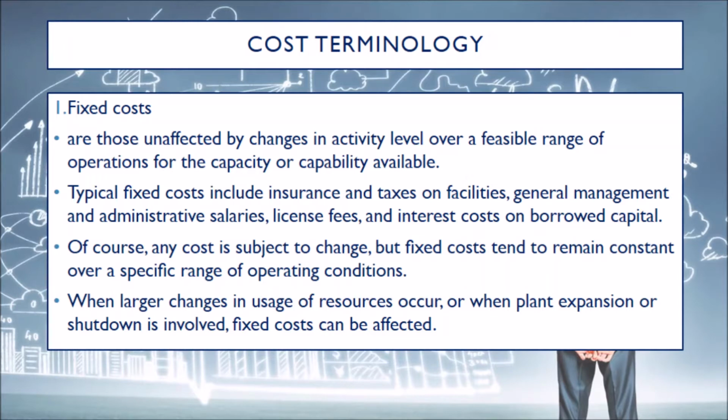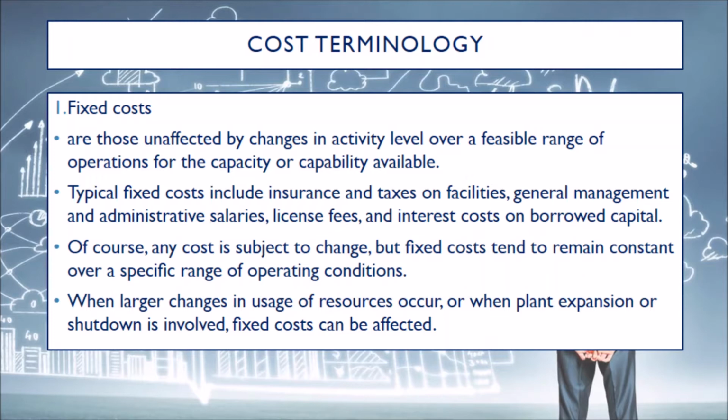Fixed costs are those unaffected by changes in activity level over a feasible range of operations for the capacity or capability available. Typical fixed costs include insurance and taxes on facilities, general management and administrative salaries, license fees, and interest costs on borrowed capital.